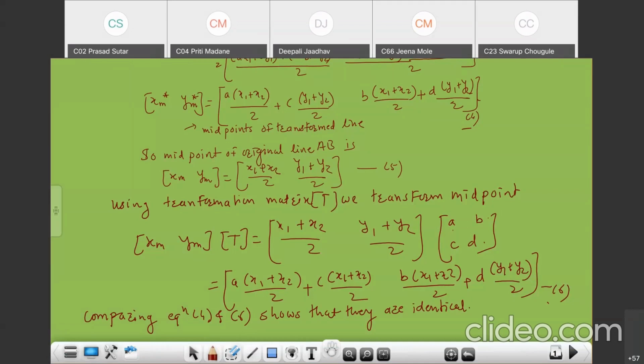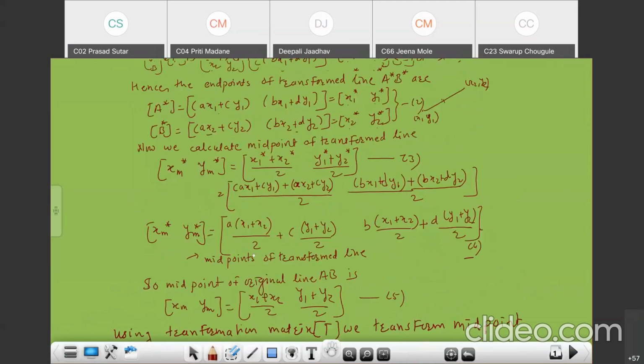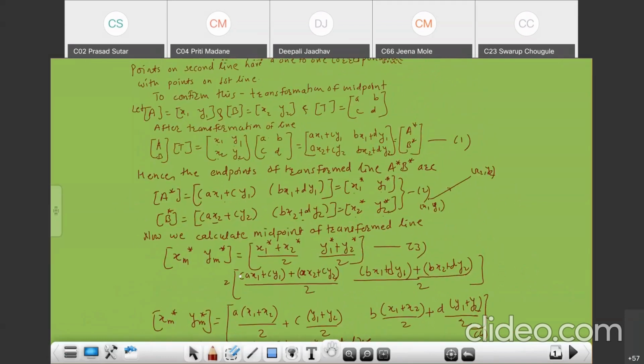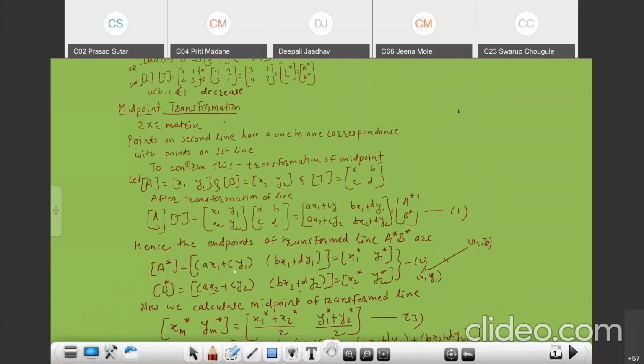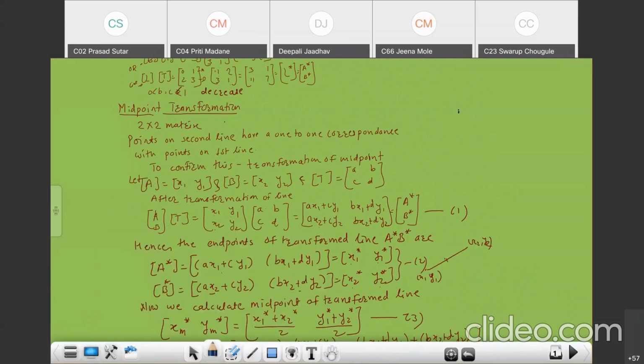So see once again, I will explain it in short. Here what we have to show is that every point on the first line corresponds with every point on the second line. Correct? So to confirm this, we use the transformation of the midpoint. For that, first we take a simple line AB and multiply with the transformation matrix ABCD.